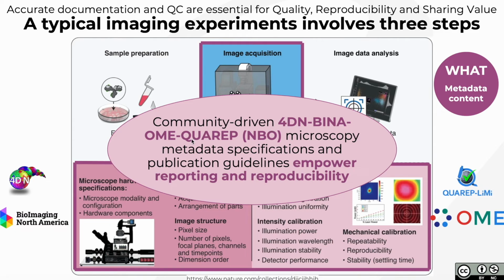Recently, 4DN, BINA, OME, and QUAREP have come together to define a set of microscopy metadata specifications that extend the OME data model and empower reporting and reproducibility. I don't really have much time to describe in detail about MBO, but you can learn more about it in a poster that is presented in this meeting by Mathias Hammer.